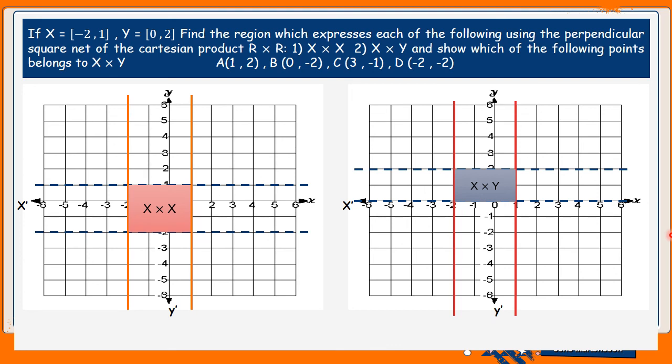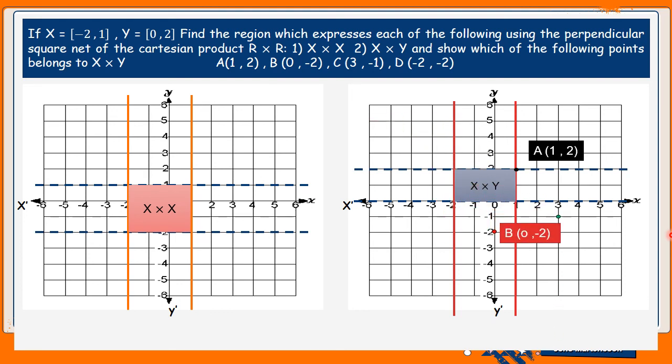Then we want to plot the points A, B, C, and D on the coordinate plane that we have, then mention which point belongs to x cross y. So A will be (1, 2) like this. B, plotting (-2, 0).